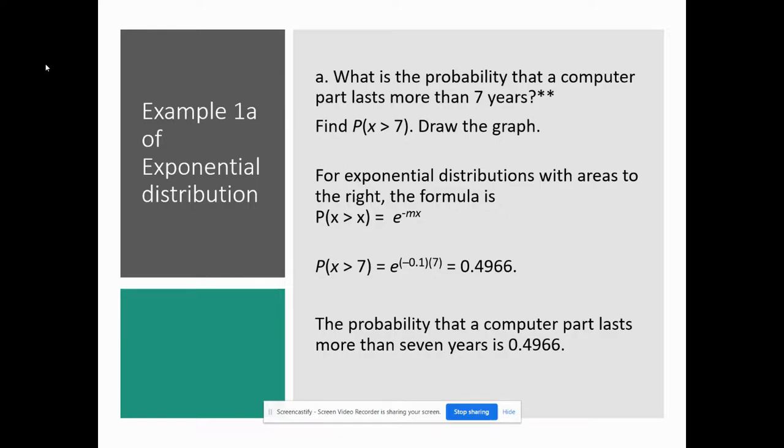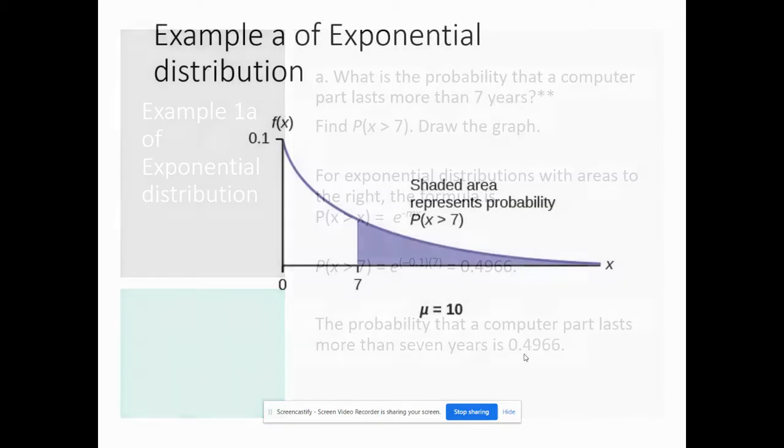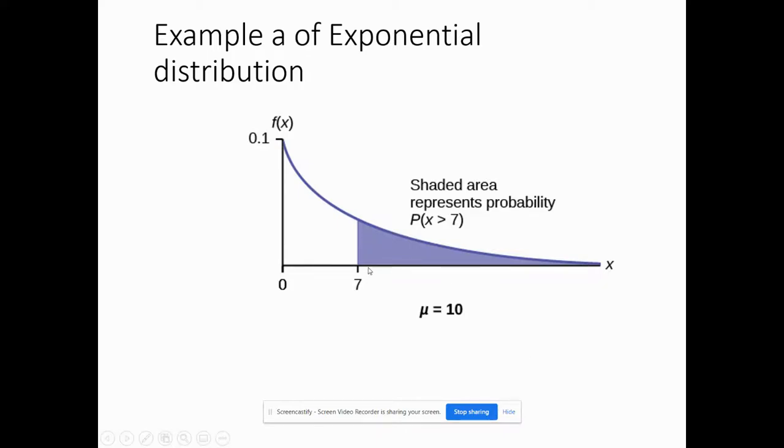So the probability that x is greater than 7, I put e, then the negative, then my decay parameter of 0.1, and then multiply it by 7. If I put this in my calculator, I get 0.4966. So the probability that a computer part lasts more than 7 years is 0.4966, or roughly almost 50%. And that's what the graph looks like, because I'm looking for the purple area to the right.